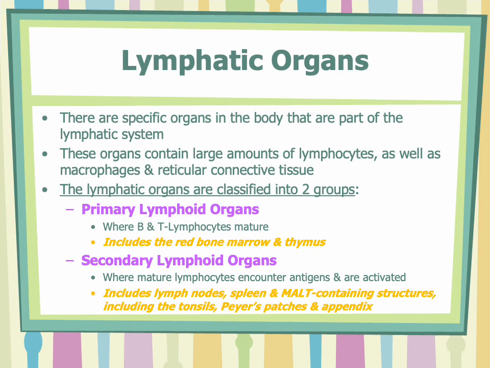All right, so now the lymphatic organs. They are organs that are specific to the lymphatic system. There are primary and secondary lymphoid organs, okay? A lot of these organs contain large amounts of lymphocytes as well as macrophages in their main structure, known as reticular connective tissue, okay? So we have primary lymphoid organs, where the B and T lymphocytes mature or become immunocompetent.